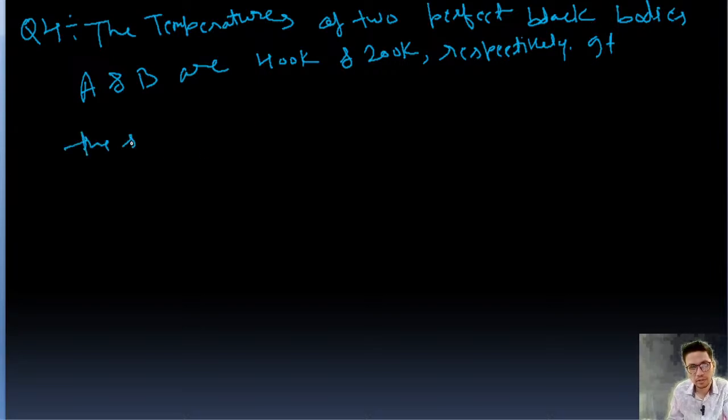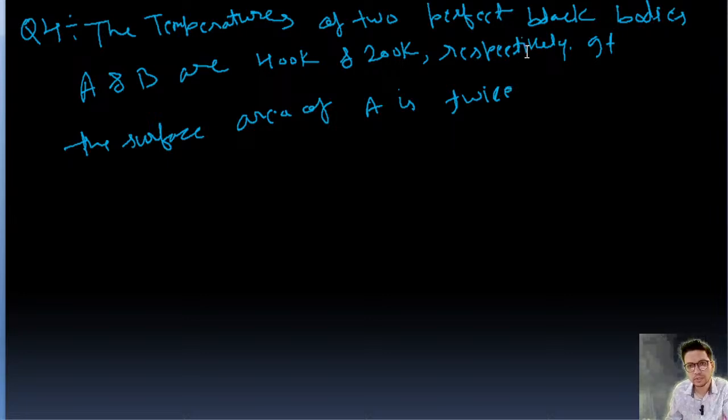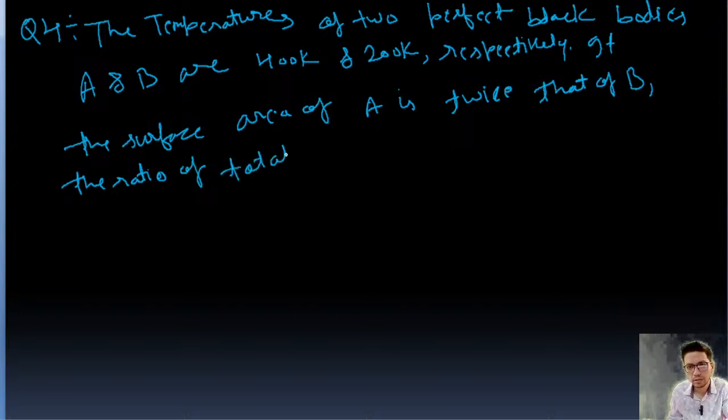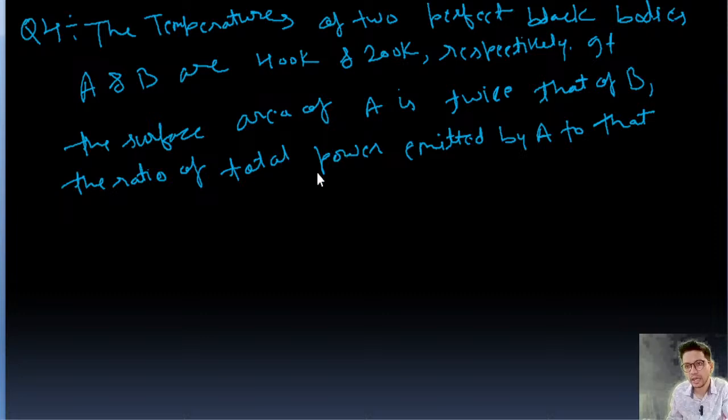If the surface area of A is twice that of B, the ratio of total power emitted by A to that by B is.